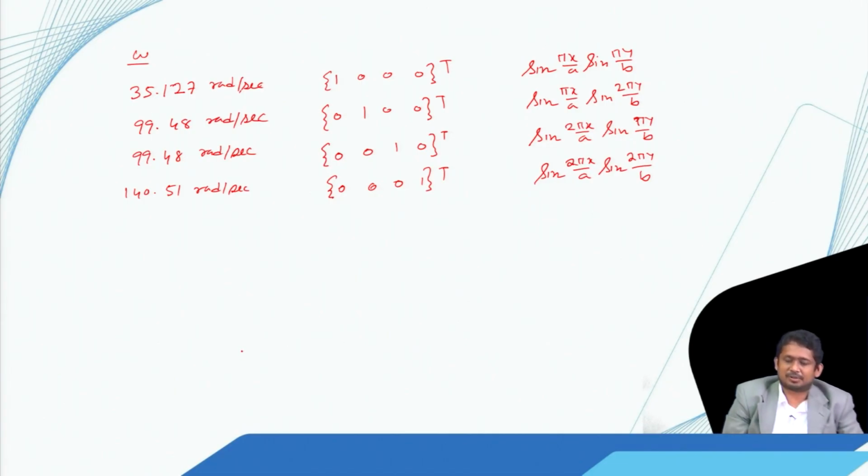Now, here again because they were uncoupled, we get the eigenvectors in this form. Otherwise, we could have populated some of the other components of the eigenvector also.